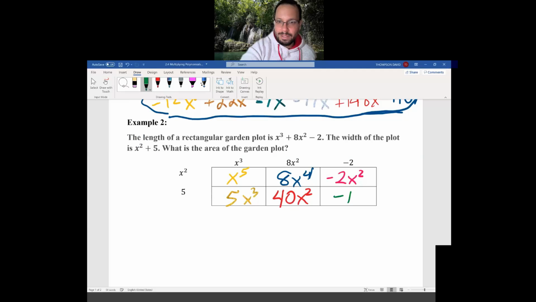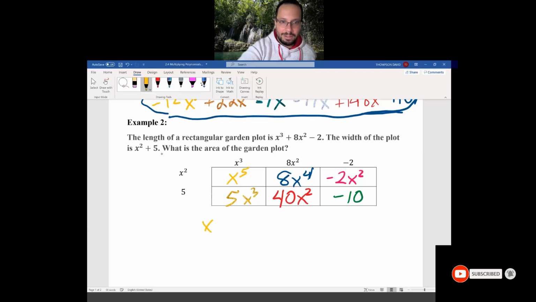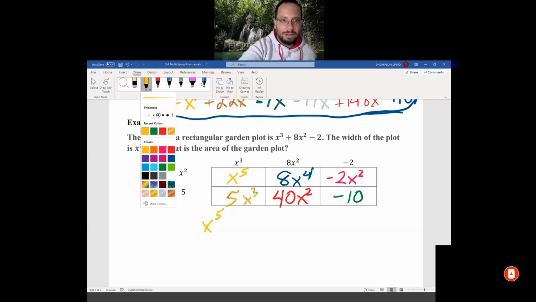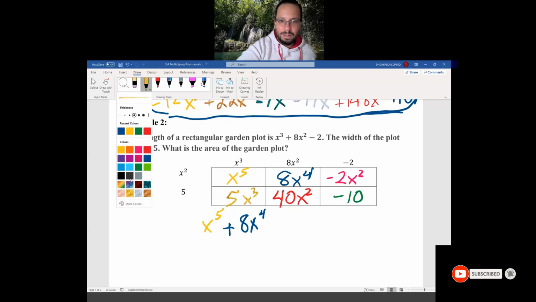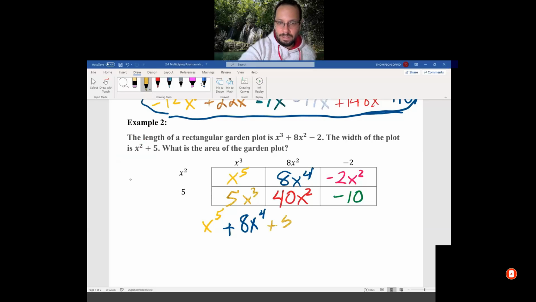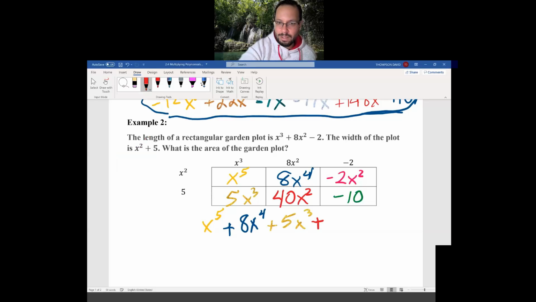So now we can start writing our terms down. We have x to the 5th plus 8x to the 4th, then the 5x to the 3rd. And then 40x squared plus negative 2x squared will give me plus 38x squared, and then the negative 10 by itself.